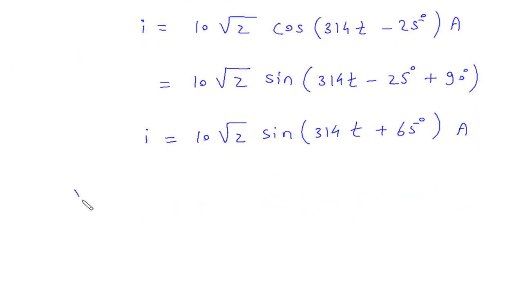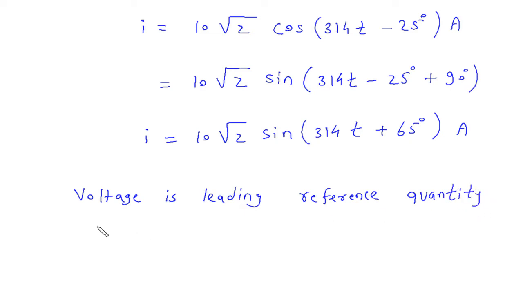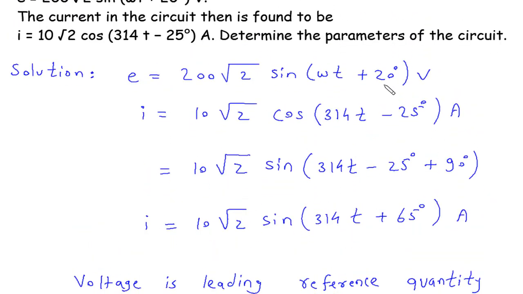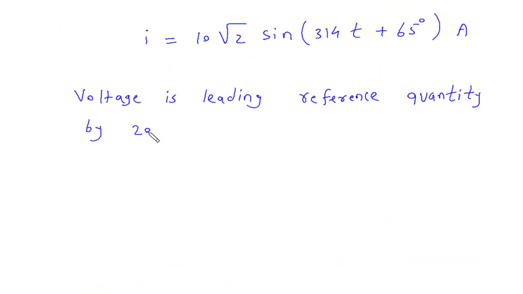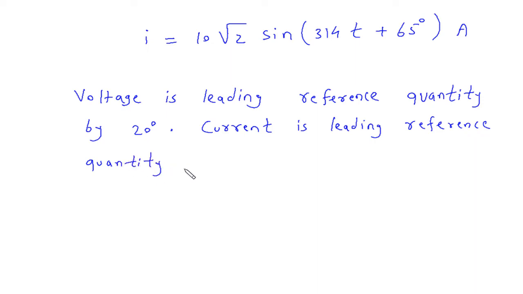So for voltage, we can say the voltage is leading the reference quantity by 20 degree, and the current is leading the reference quantity by 65 degree.